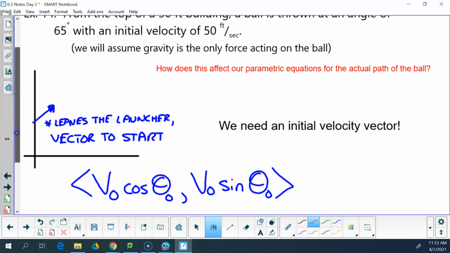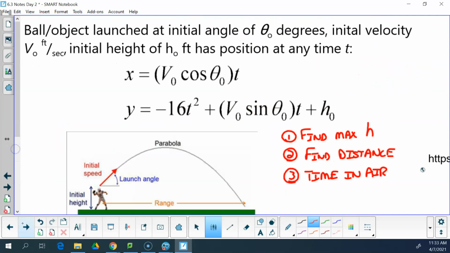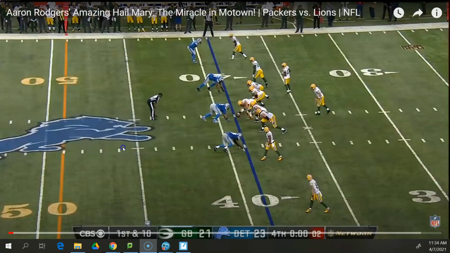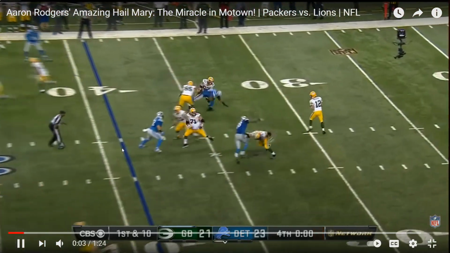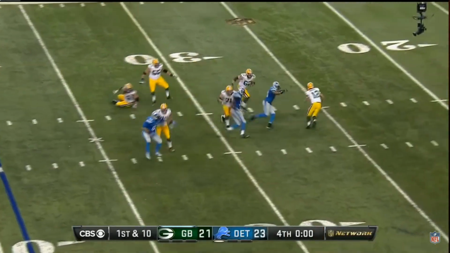Now, a few years ago, if you're a Packer fan, we saw multiple examples of this happening during a season. One of the best ones was Miracle in Motown.